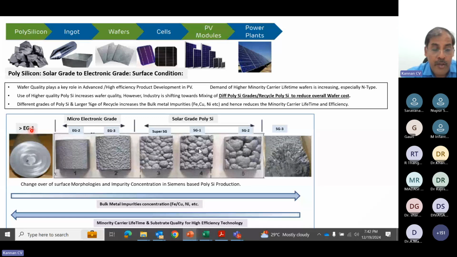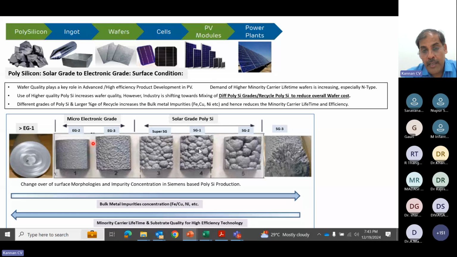And when you compromise the quality for different applications, you may grow EG2 quality, EG3 quality. For solar application, you may not need EG1, EG2, so the industry compromises a little bit on the raw material quality, which is sufficient to get high quality wafers for solar PV applications.